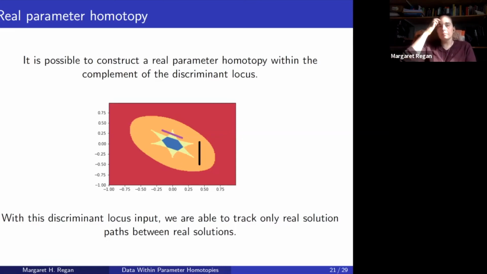The previous piece allowed us to use path data to truncate at t = maybe 0.3, but we still had to track these complex, or possibly complex, solutions from t=1 to t=0.3, which is more than half of the interval. And so is there any way to just track the real solutions that end up at real solutions?